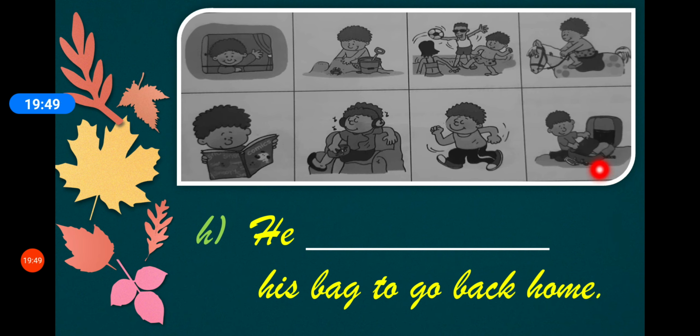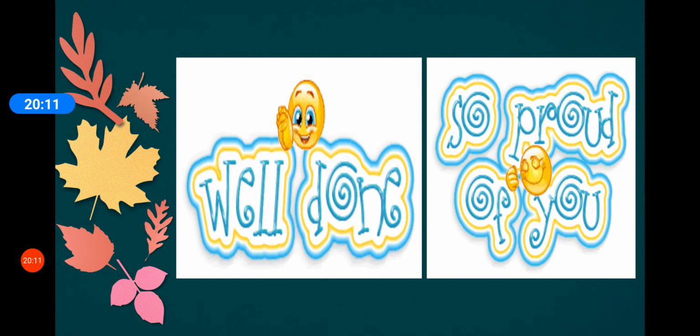Definitely he has to pack it when he has to go home. So how are we going to write it in present continuous tense? Yes, he is packing his bag to go home. Very good, children. Well done, all of you. I'm sure you were able to write all the correct answers. And if you were able to do so, I'm so proud of you.